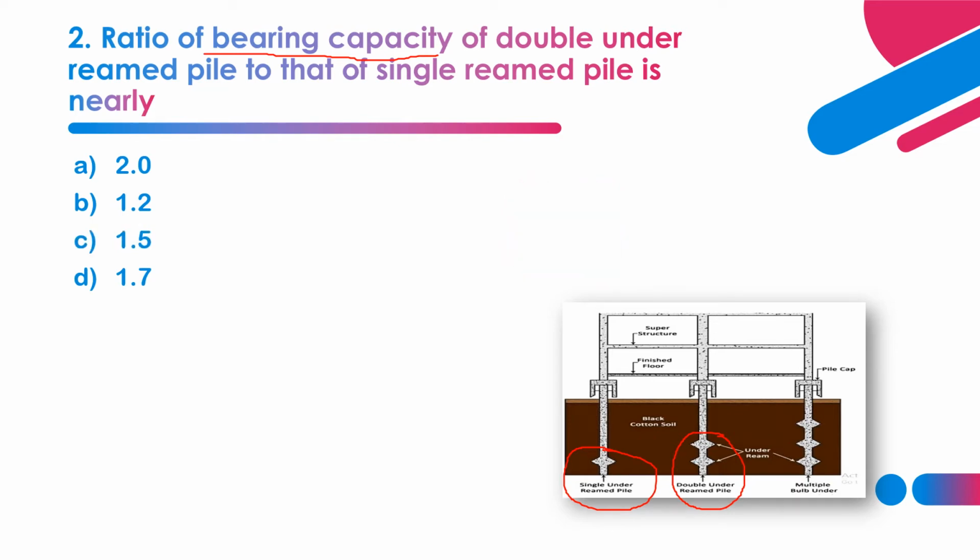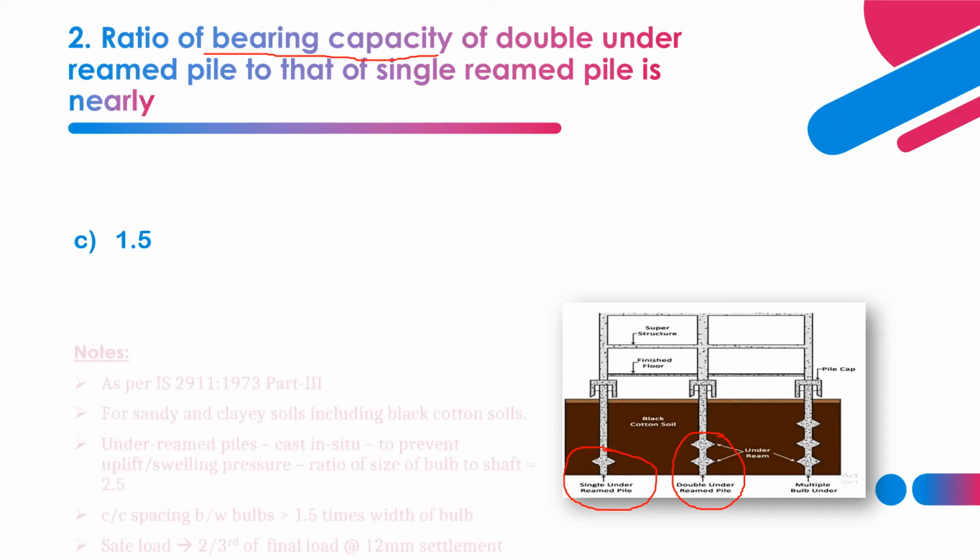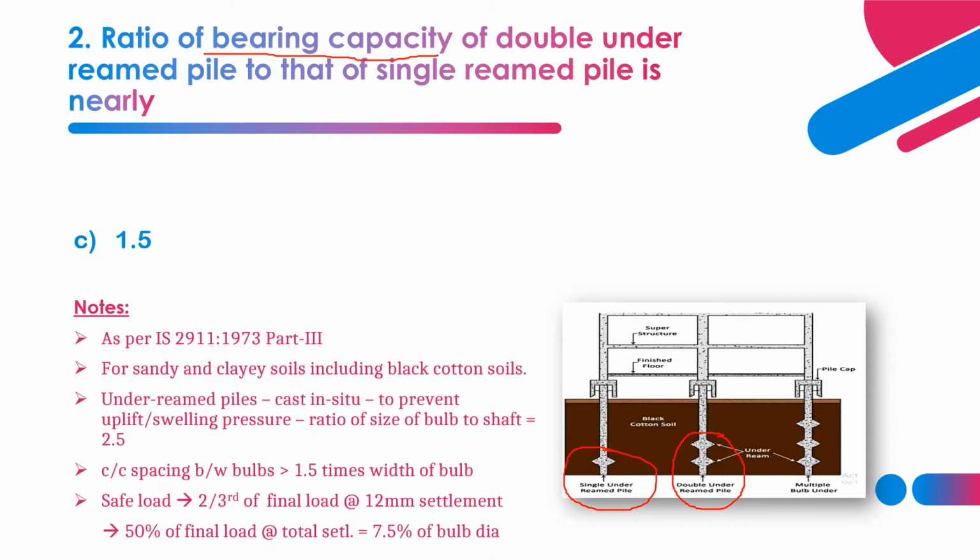So the ratio is 1.5. That is, the bearing capacity of a double under-reamed pile is approximately equal to 1.5 times the bearing capacity of the single under-reamed pile. Now let's see some more important points regarding these under-reamed piles.